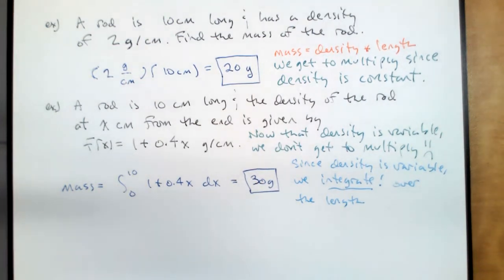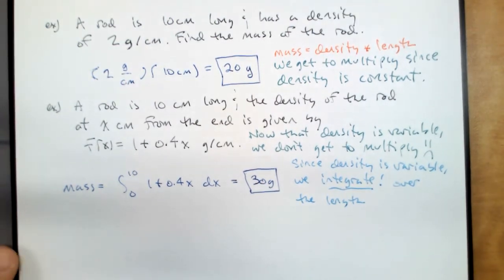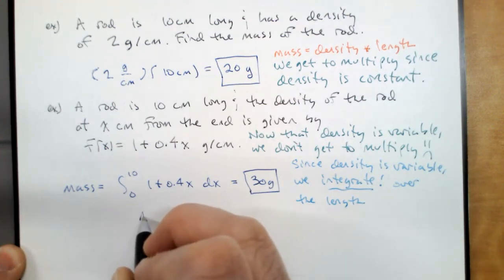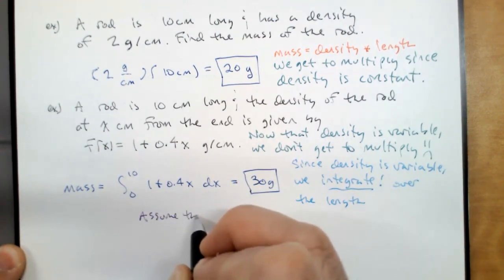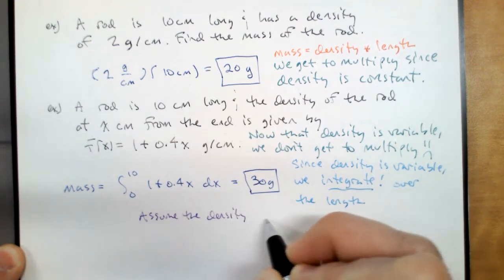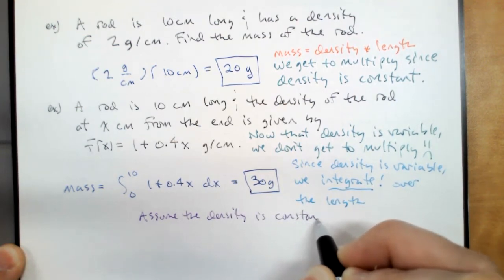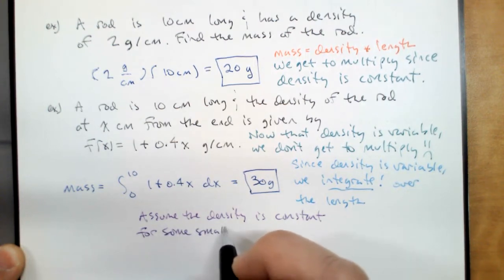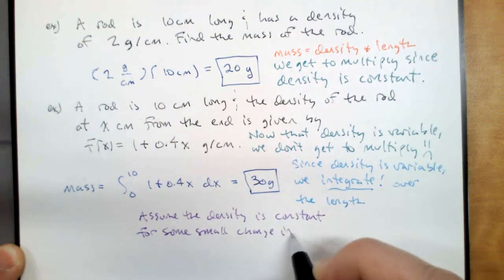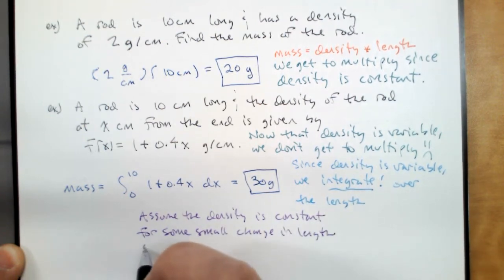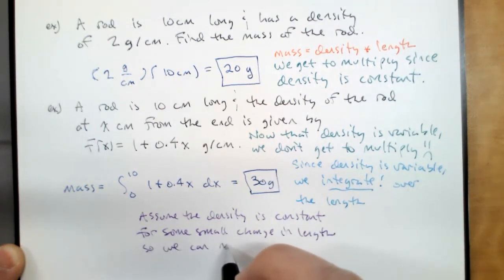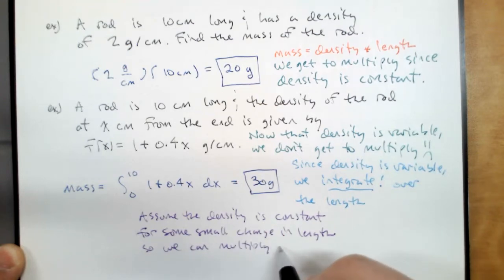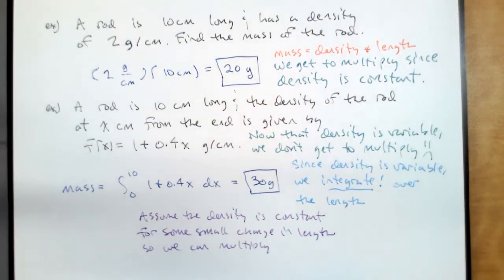So the story behind the 1 plus 0.4x dx: our strategy is to assume that the variable thing is constant, but only for some small change.